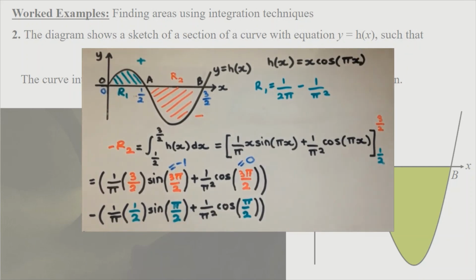And all the rest of it we actually know. So we can evaluate this just to the right over here. So let's do that. So this is going to equal, carrying on from before, 3 over 2 pi, and because of the -1, that's going to be negative.